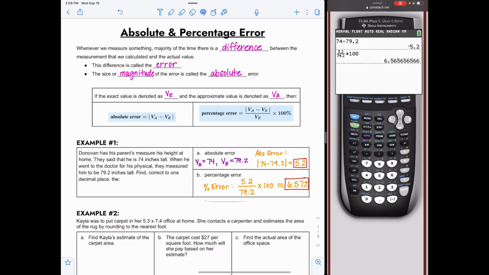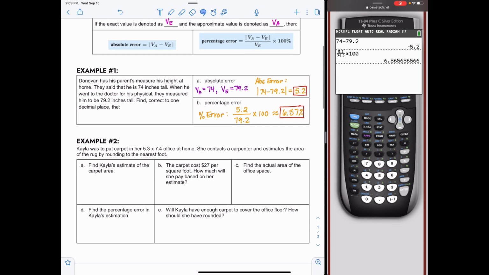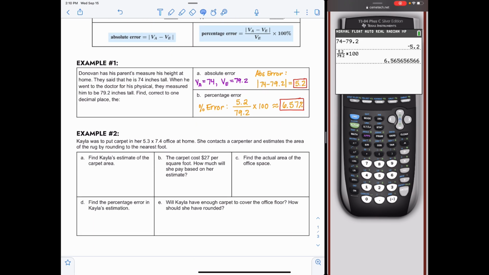All right, so now let's look at example number 2. Kayla was to put carpet in her 5.3 by 7.4 office at home. She contacted a carpenter and estimated the area of the rug by rounding to the nearest foot. Okay, so it's asking us to find Kayla's estimate of the carpet area.